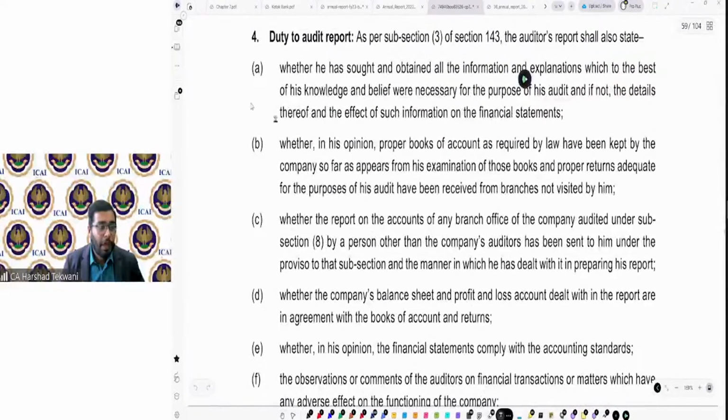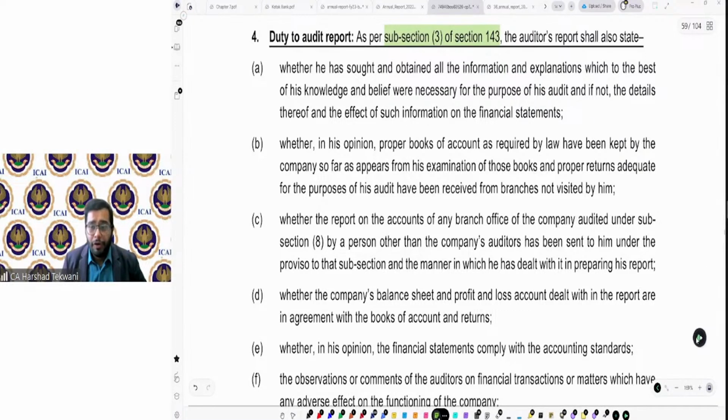Section 143(3) of the Companies Act is again a very important section, because it provides a lot of reporting requirements, one of which is IFC reporting, and one of which is reporting on other important matters that we'll see now.